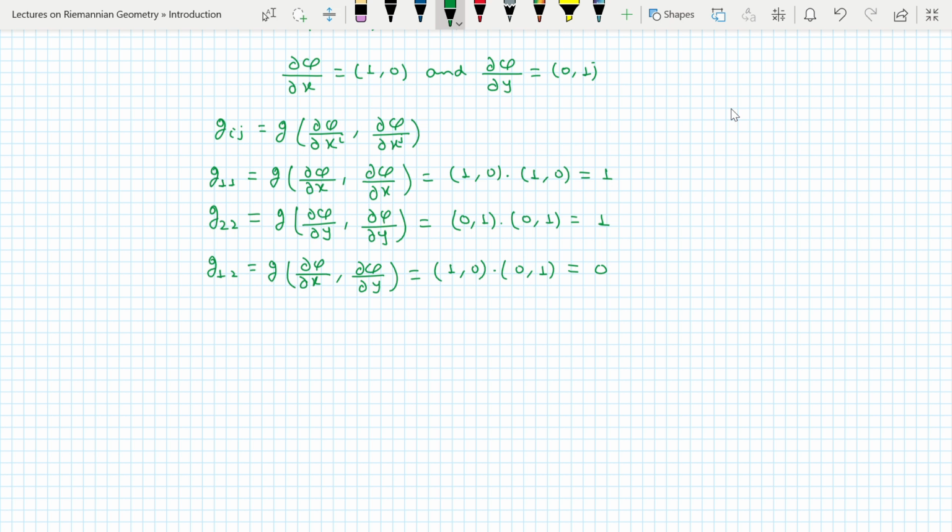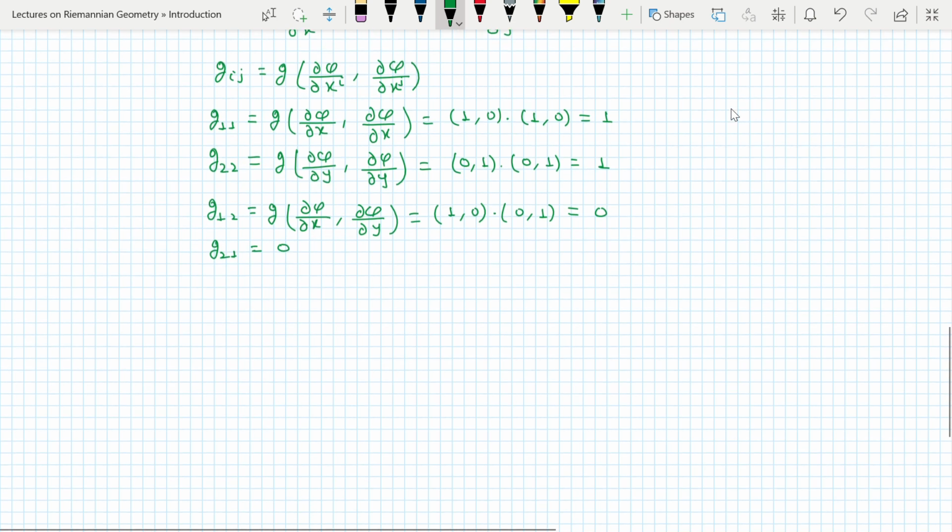Now what will be G21? Well, the metric is symmetric. So G21 is nothing but equal to G12 and hence 0. So we have got our component matrix g_ij. You can write it in terms of a matrix. And this is your identity matrix.